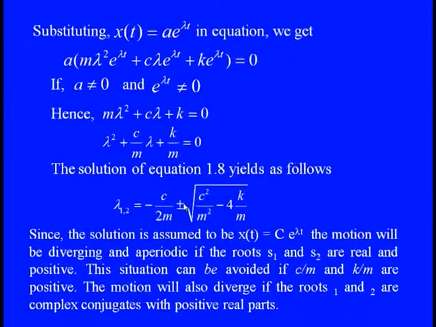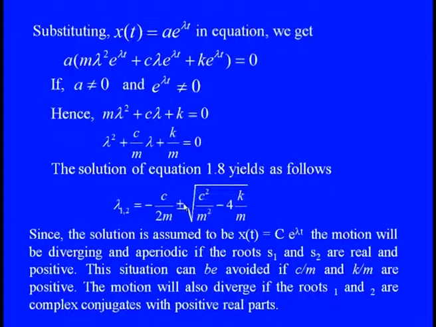You can see that lambda 1, 2 equals minus c by 2m plus or minus the square root of c squared by m squared minus 4k by m. The roots are real and positive when the damping is negative, and when the damping is negative, minus c by 2m becomes positive.